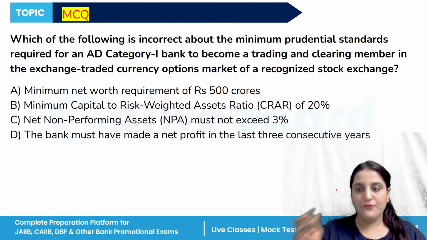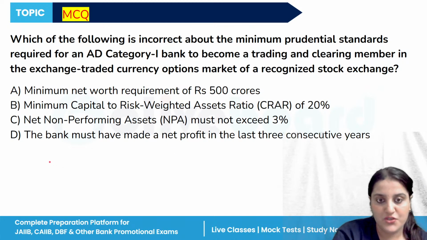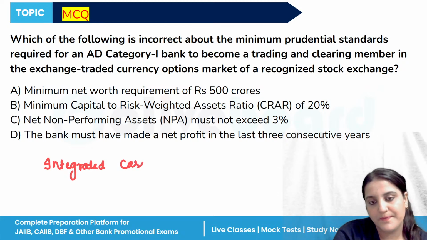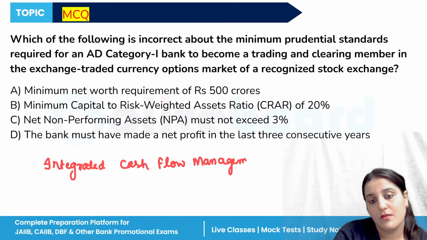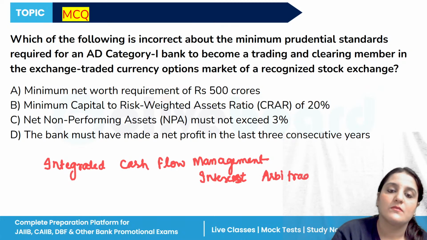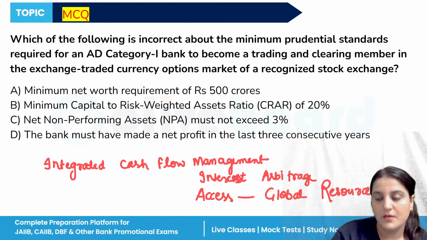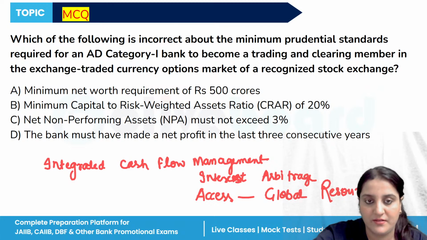The following are the driving forces of integrated treasury management. First one is integrated cash flow management, then interest arbitrage, access to global resources, risk management, and corporate demand for high end services.